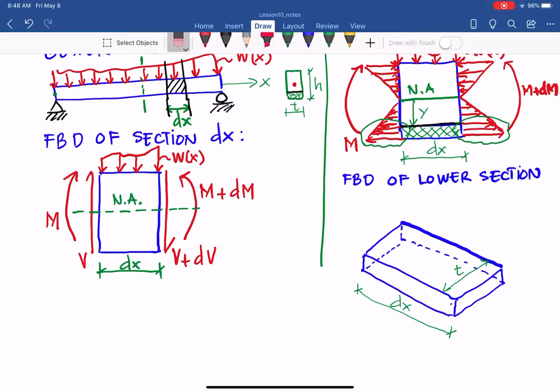Let me delete that, but remember that you have to go to the left hand side and right hand side. So let's draw that out here for the normal stress that I just showed you, and on the other side it is smaller and gets bigger at the end. So you have that.